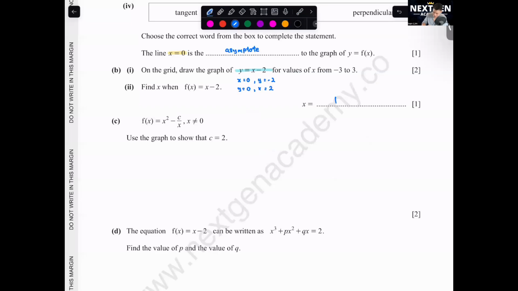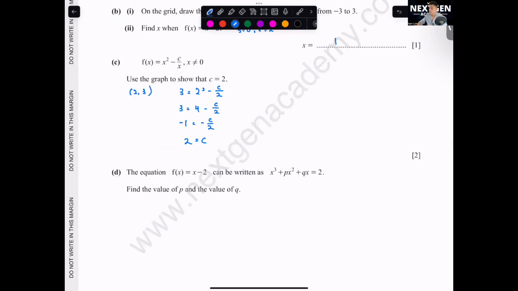Okay, so I have 2, 3. We substitute f(x) is 3 equals 2 squared minus c over 2. You use any points, you should be able to get the c value. But choose points that you can read accurately. So 3 equals 4 minus c over 2, minus 1 equals minus c over 2. Then your final one is c equals 2. Minus 1 times minus 2.